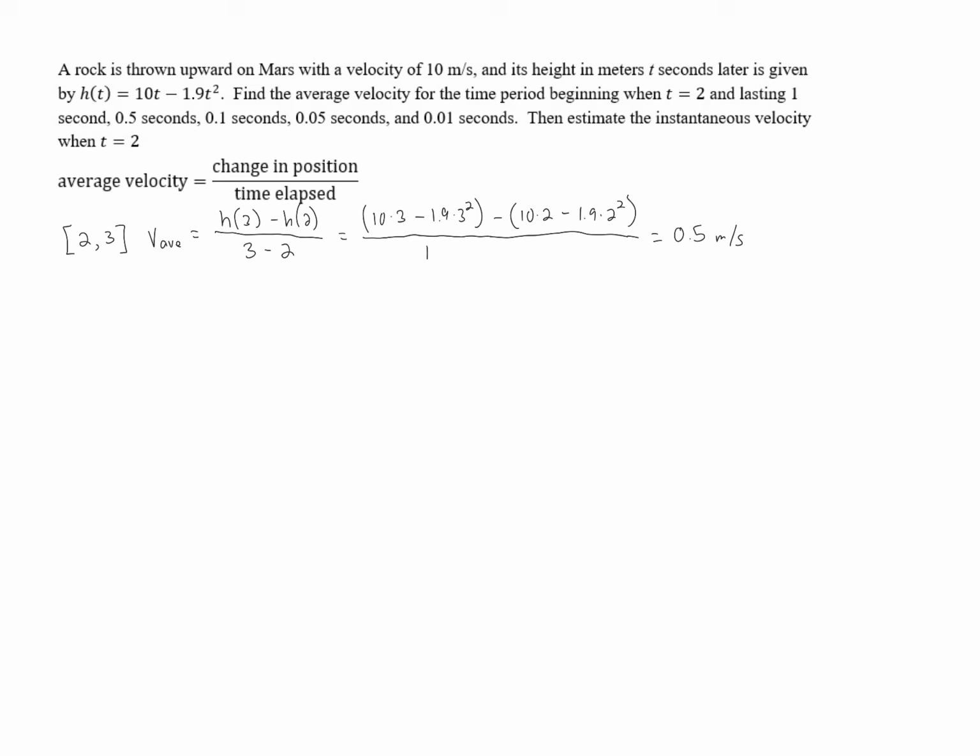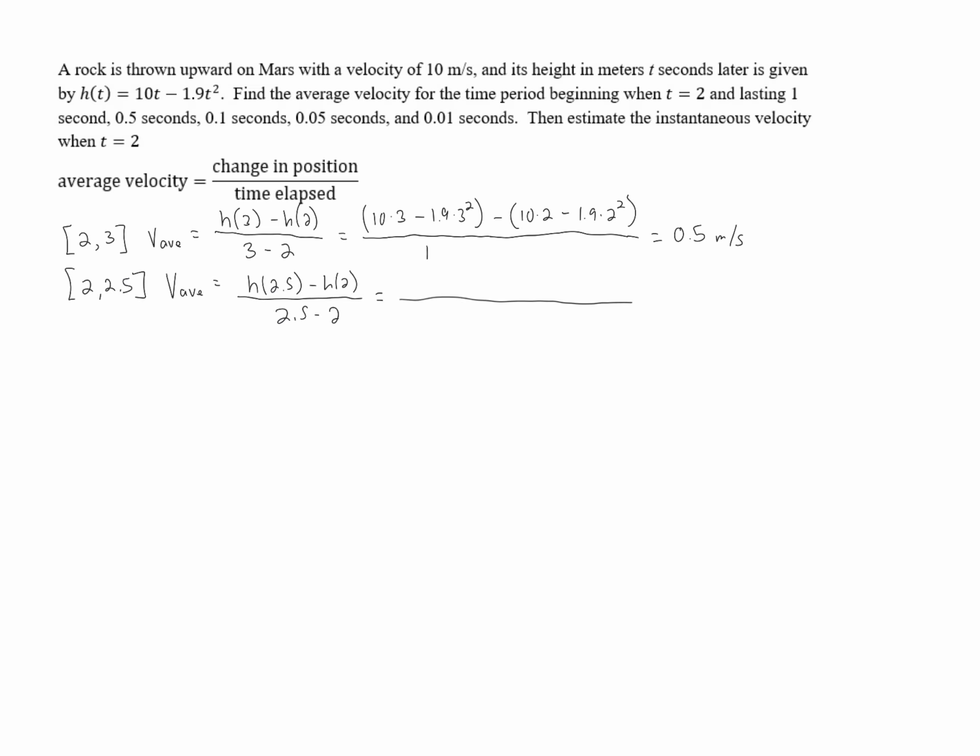Now we need to do 0.5 seconds. So that's going to be the interval from 2 to 2.5 seconds. In this case, the average velocity is going to be h of 2.5 minus h of 2 over 2.5 minus 2.